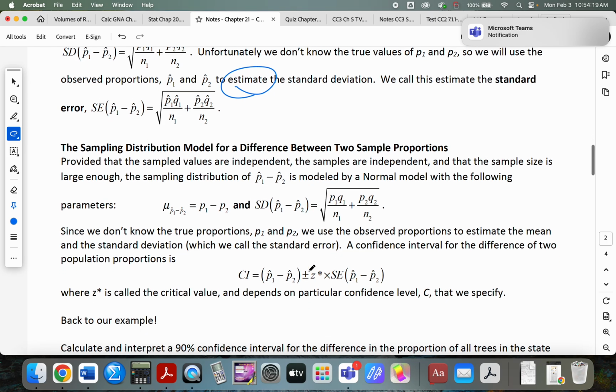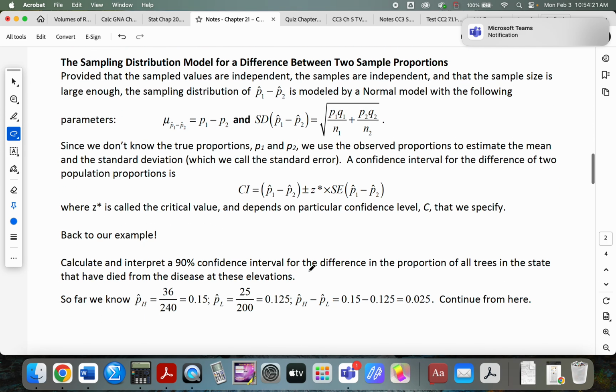All right. This is the sampling distribution model for a difference between two sample proportions. Provided that the sampled values are independent, the samples are independent, and that the sample size is large enough, this is the sampling distribution. P1 hat minus P2 hat is modeled by a normal model with the following parameters.